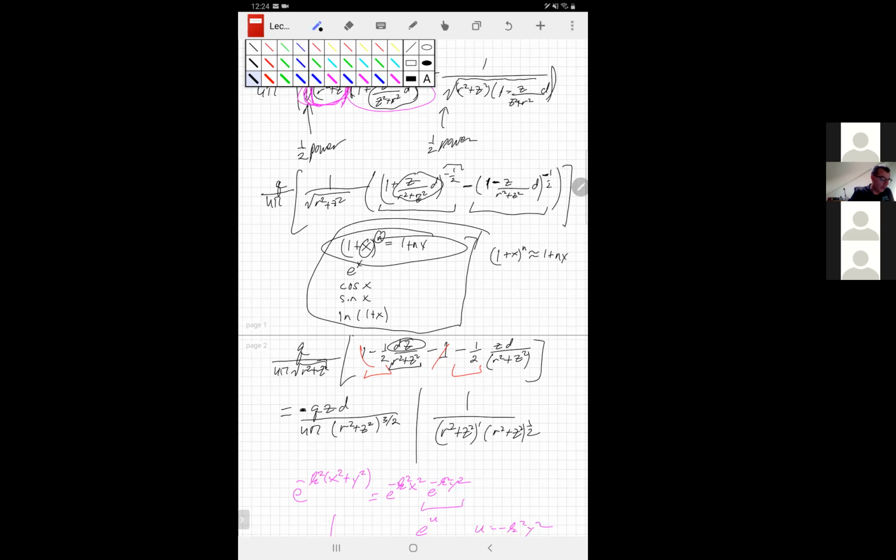So we've got r squared plus z squared to the minus 1/2 multiplied by r squared plus z squared to the minus 1. And so that winds up being r squared plus z squared to the minus 3/2. And so we have 1 over r squared plus z squared to the 3/2 in the denominator there. Any questions?